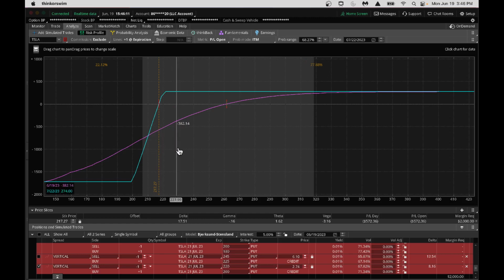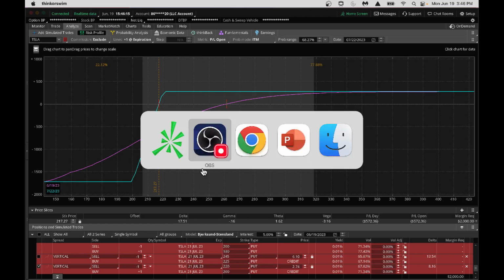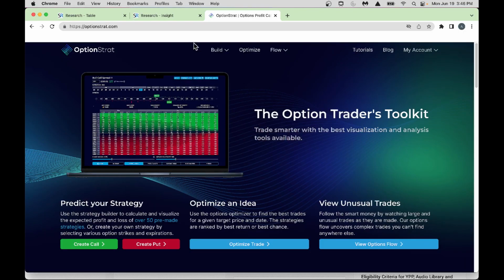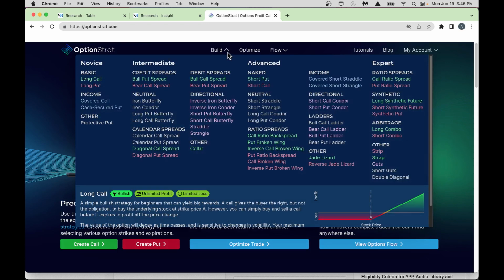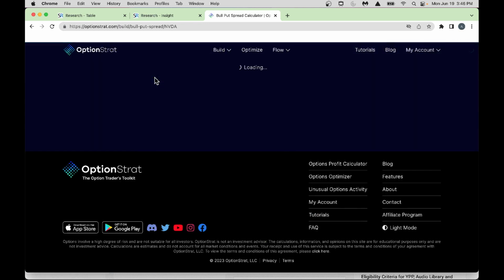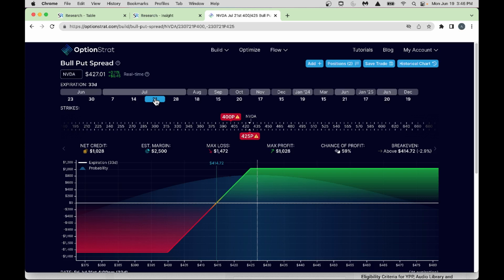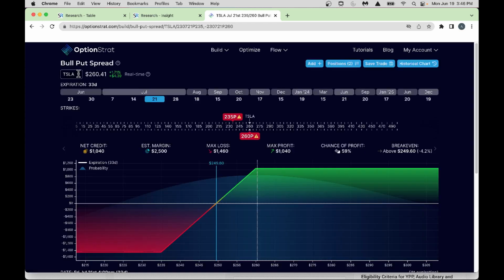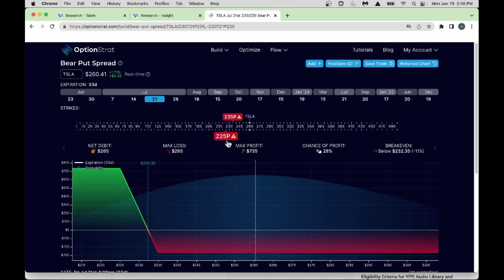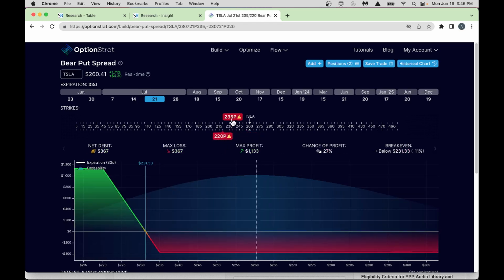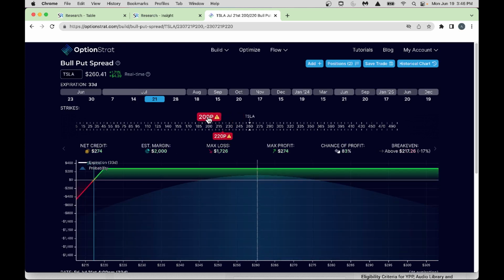So for the folks who don't understand this analyze tab, you could also look at my favorite tool here, which is OptionStrat. You could go here and say bull put spread, and you could go in here July 21st. Great. And let's put Tesla here. All right, so we are doing Tesla 220, as you can see here, 220 the short strike, and we are buying 200.